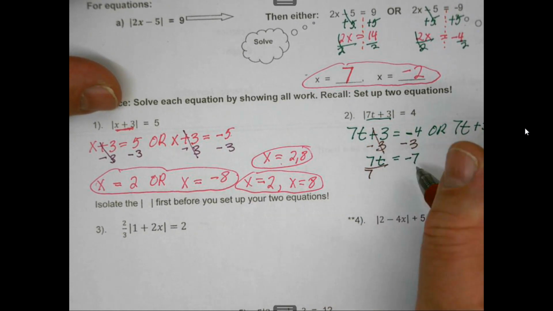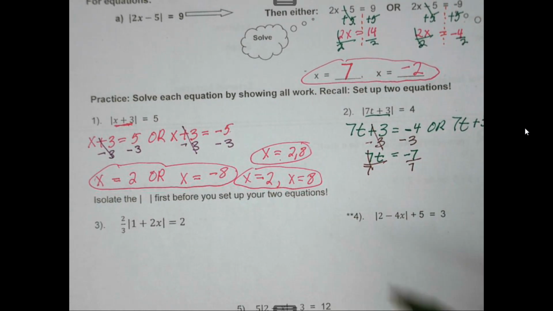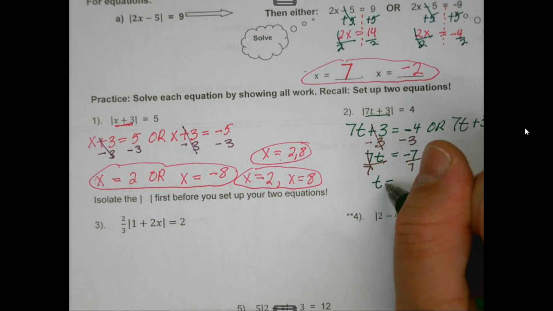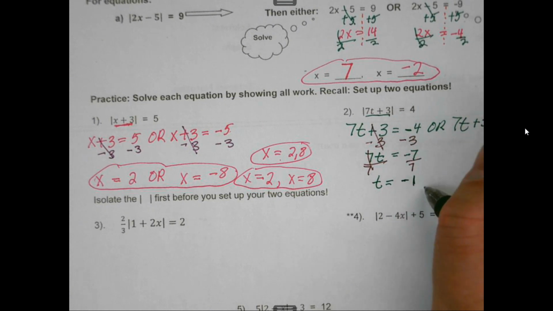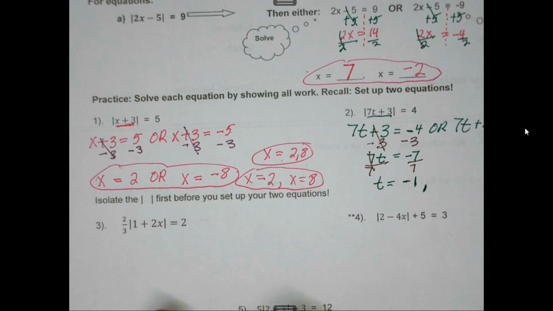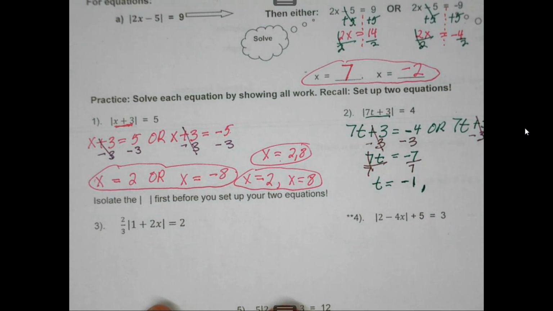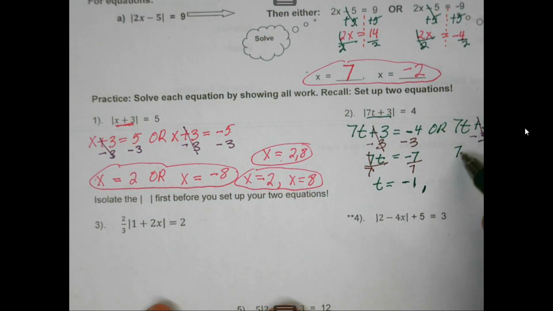I'm just going to put a comma here. Subtract 3, subtract 3. I get 7t equals 1. Divide by 7, divide by 7. And it's fine to get a fraction: 1/7.